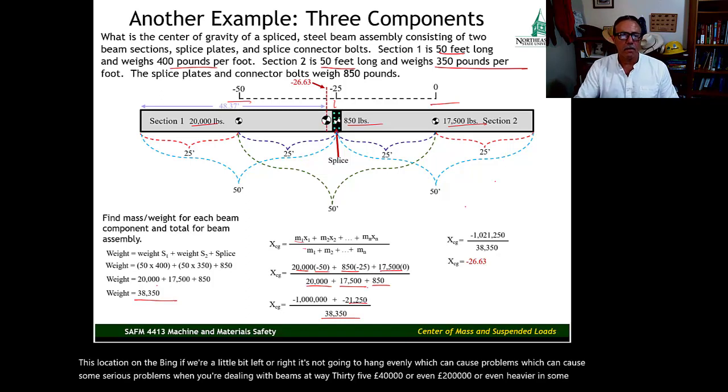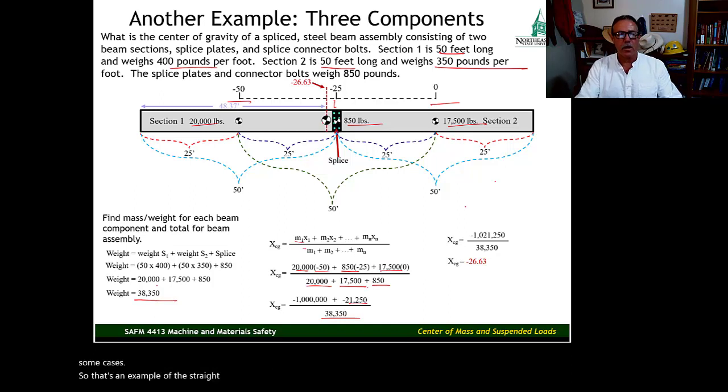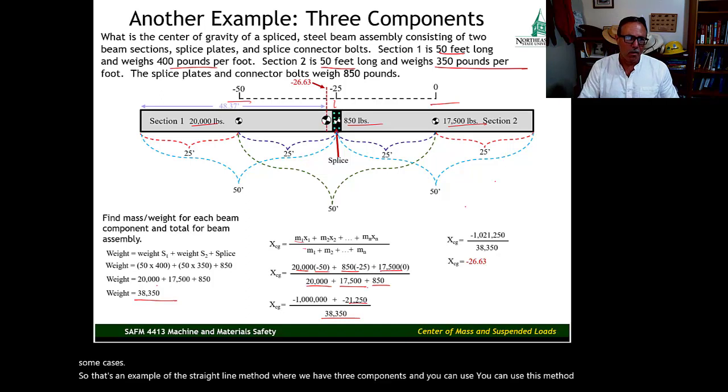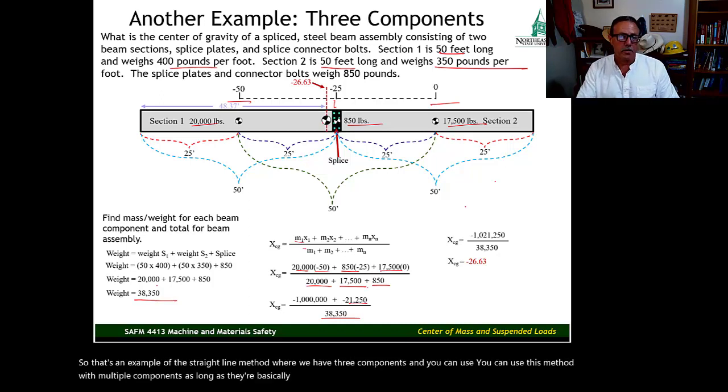So that's an example of the straight line method where we have 3 components. And you can use this method with multiple components as long as they're basically all lining up in a straight line. If they're not lining up in a straight line, you got to use another method that we'll talk about in the 3rd video.